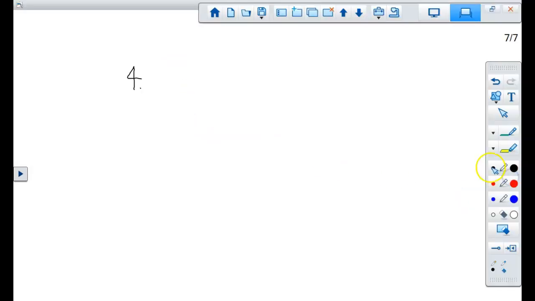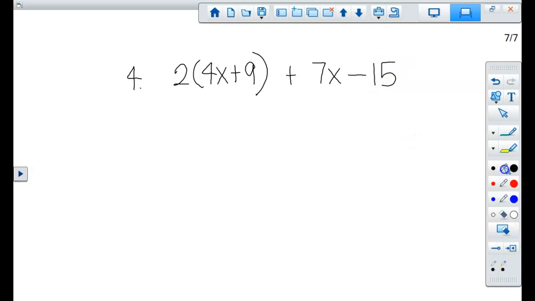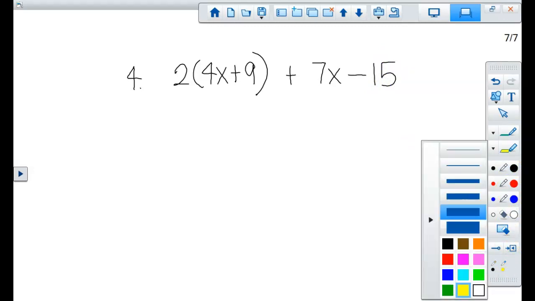All right, let's start over on this one. We're going to do 2 times 4x plus 9 plus 7x minus 15. All right, step 1 is going to be to distribute if necessary. It is necessary because we have the number 2 being multiplied by the group 4x plus 9.